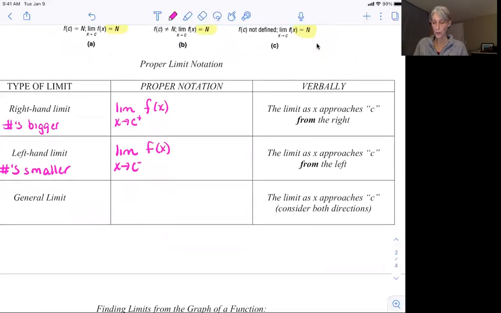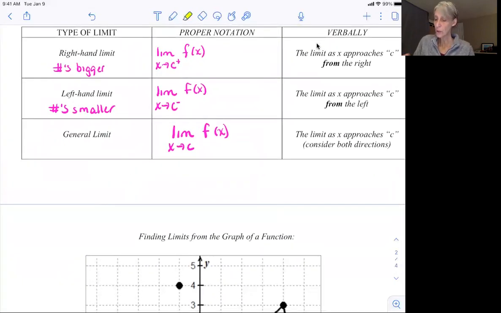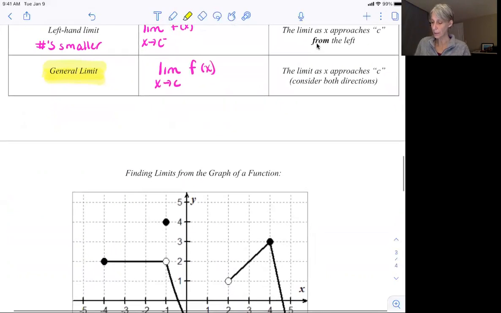And when you compare these two with no sign, like we did in the previous example, we're evaluating the limit as x approaches c. In this case, we need to consider both directions when we're analyzing the graph. Now, in this course, this is mainly the limit we're going to be evaluating, but we just want to be careful if we ever see one of those pluses or minuses.